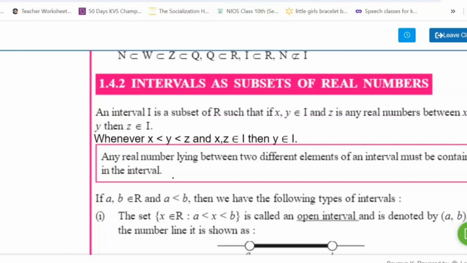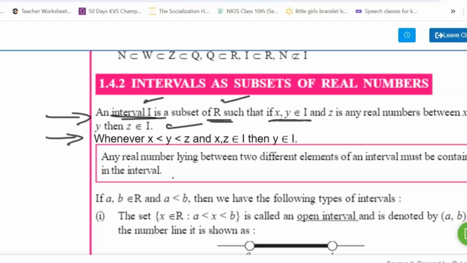An interval I is a subset of R, the real numbers, such that if x, y belong to this interval, and z is any real number between x and y, then we say that z also belongs to this particular interval. In simpler words, this is one definition.